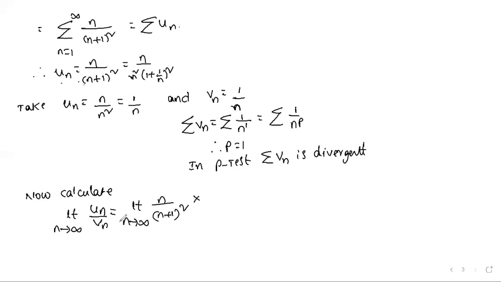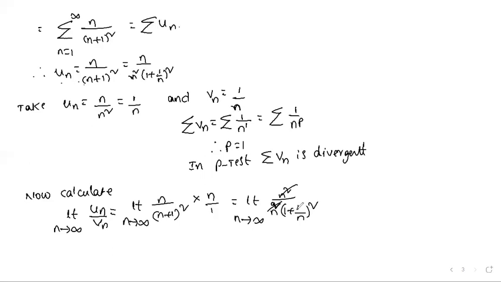And what is vn? vn means 1 by n. Dividing by 1 by n can be written as multiplying by n by 1, because division of fractions can be converted into multiplication. That is equal to limit n tends to infinity n into n square by, here we take common n square, so this can be written as 1 by 1 plus 1 by n whole square.